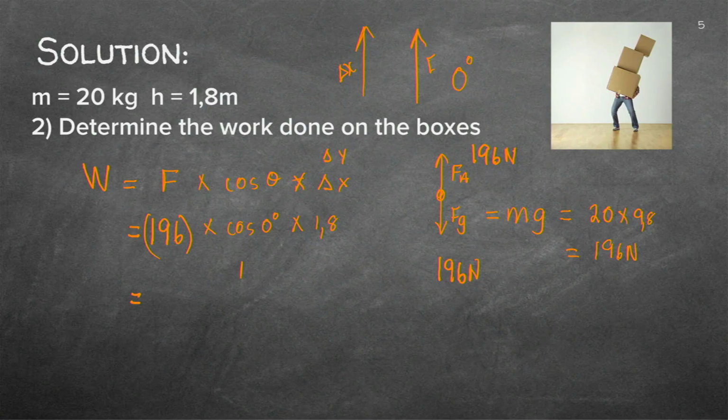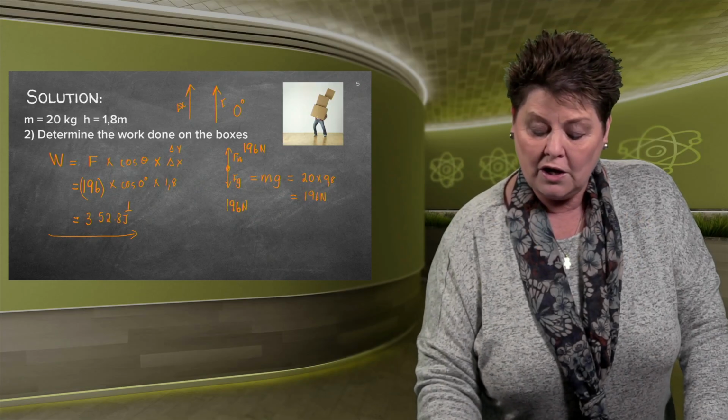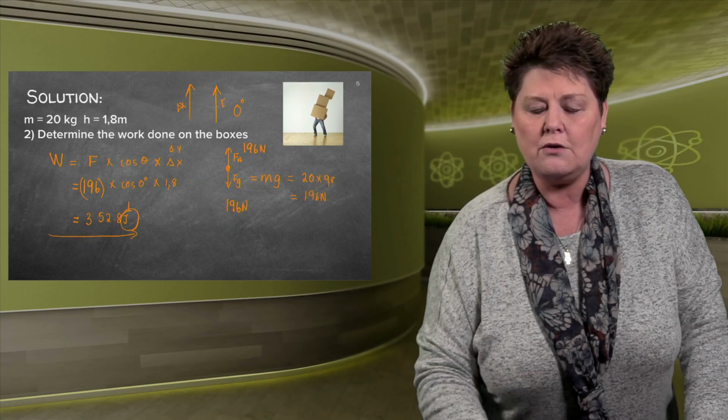If I now put 196 times 1 times 1.8 in my calculator, you'll find a value of 352.8 joule. So your answer for this question, the work done on the boxes, an accurate calculation, is 352.8 joule. You know that joule is a scalar, so no direction.